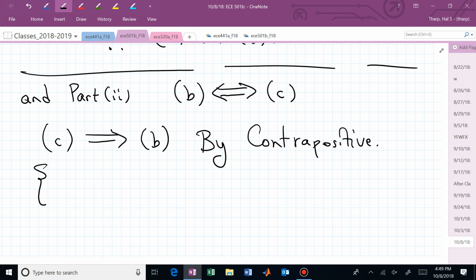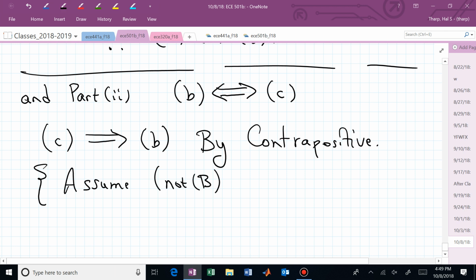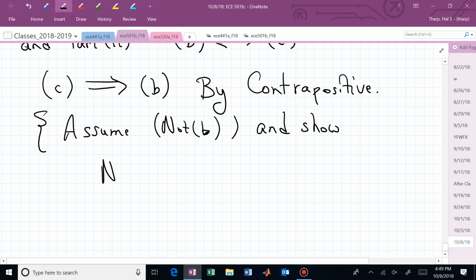We're going to assume not B and show that not B implies not C.